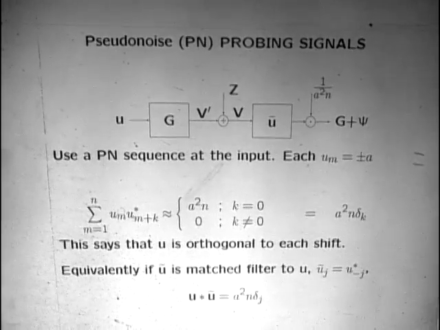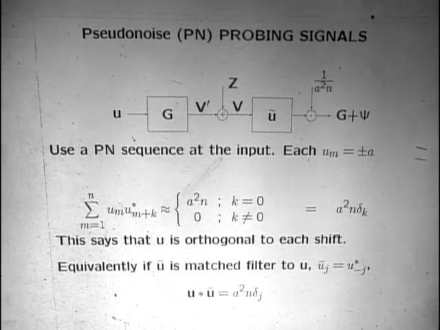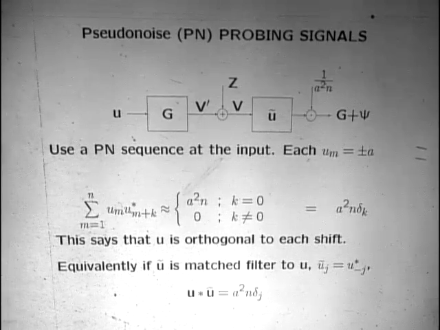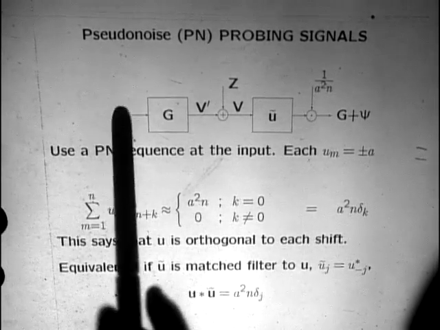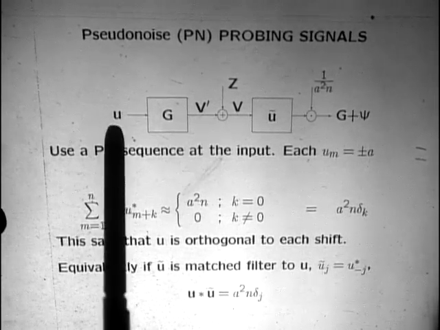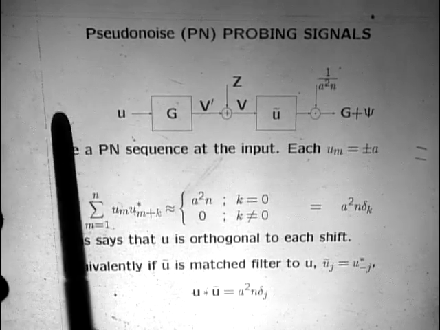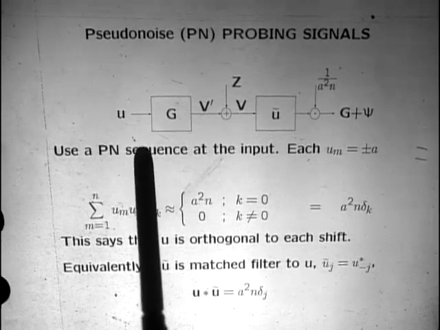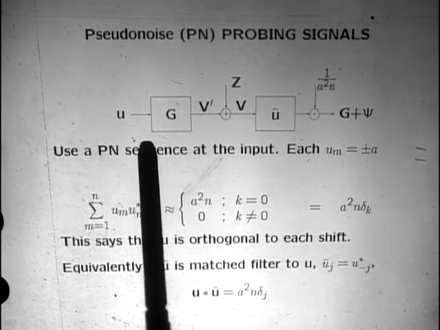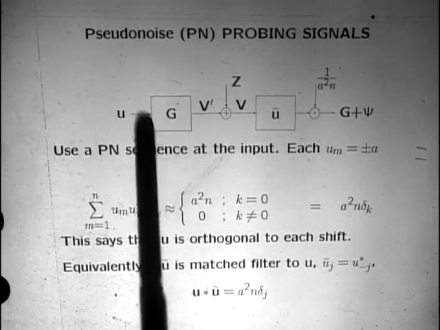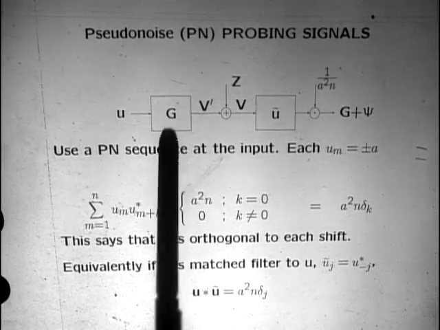Okay, so we'll think in terms of vectors now. We have a vector input, u1, u2, up to u sub n, a vector of length n. So we're putting these discrete signals in one after the other. We're passing them through this, which is a digital filter now.